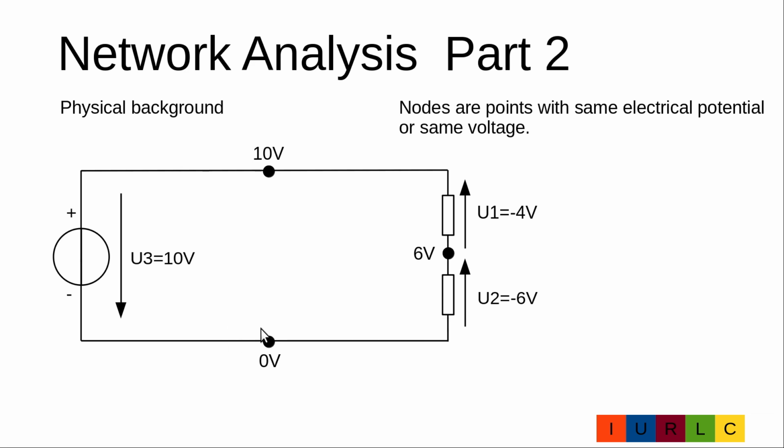Now it's easy to understand if we walk a complete loop that all the increasing voltages must be equal to all decreasing voltages to get to the same potential as the starting point.